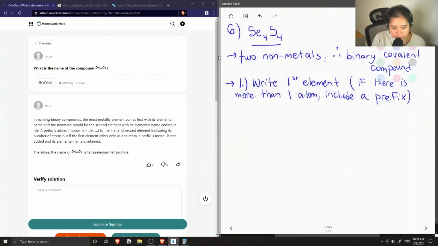Okay, so I can summarize all the different prefixes just over here on the right. When we have 1 atom, we use the prefix of mono.